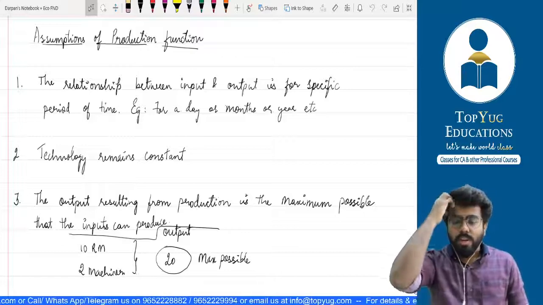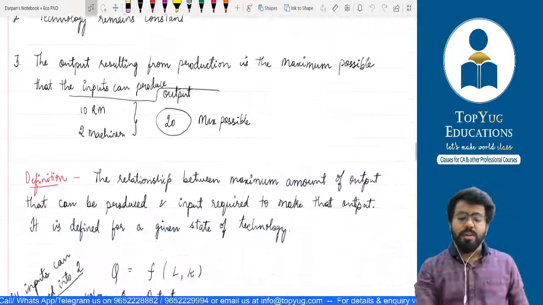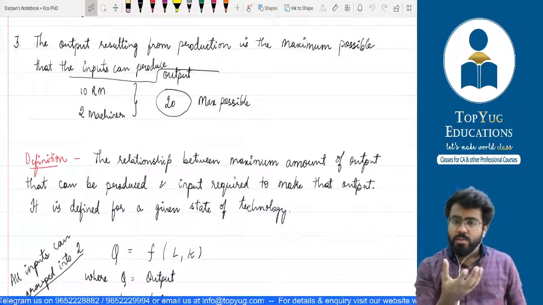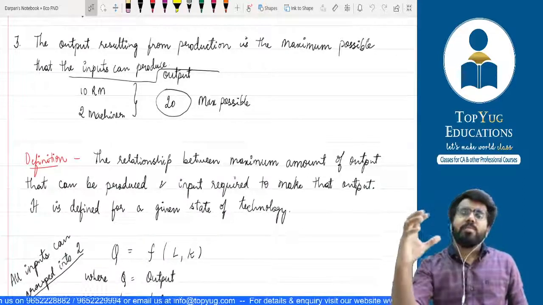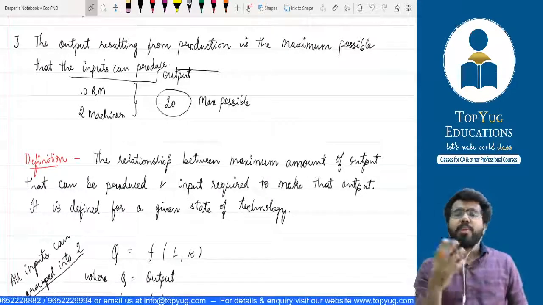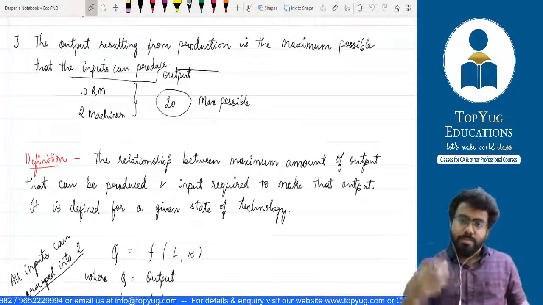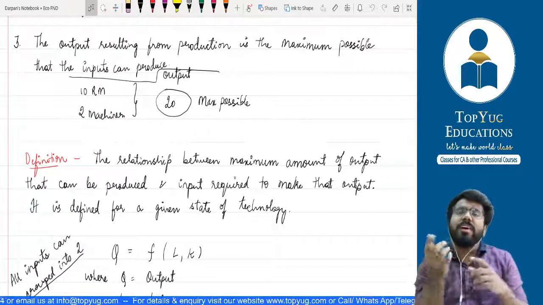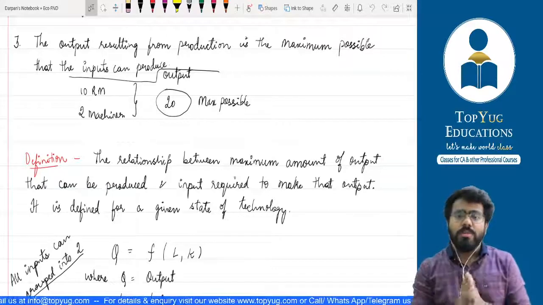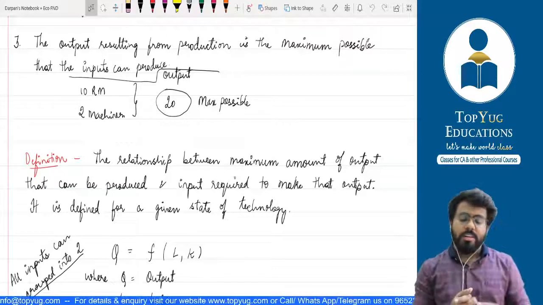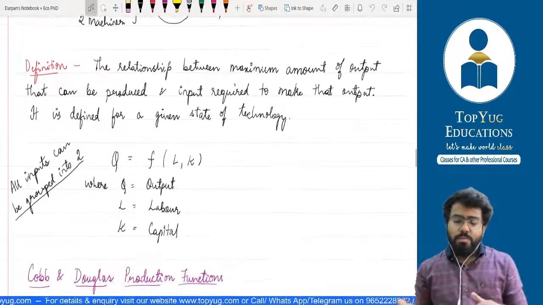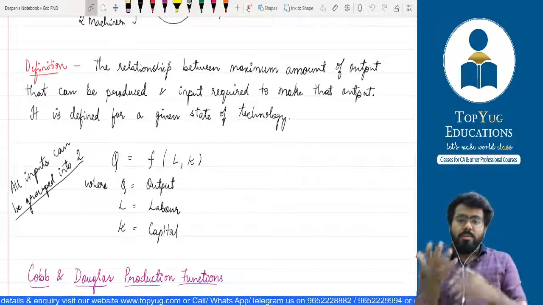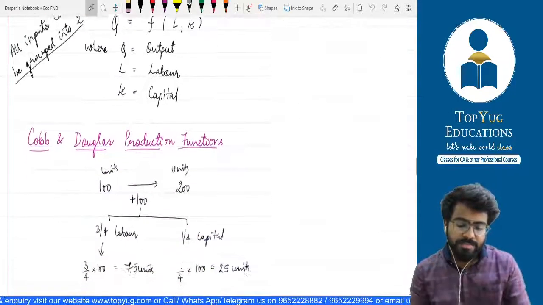If you don't keep the technology constant, then the output resulting from production is the maximum possible, right, whatever inputs you are using. The maximum possible output that can come from those inputs, that is what the production function is aiming at. So when you are bringing your inputs A, B, C, D, the maximum output that can come from these inputs will be Q, right? So the maximum possible output will be taken into consideration. Then we define it in a more proper manner where we said it is the relationship between the maximum amount of output that can be obtained with the input which is required, correct?